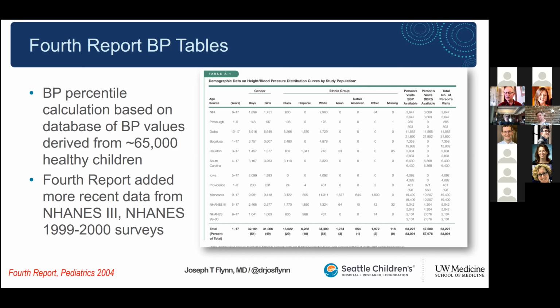What was different about the database for the fourth report was that it added new data from the NHANES 3 and NHANES 1999 to 2000 surveys, which was felt to be a good thing because now there were more children involved, they were more contemporary, and we knew that their blood pressure was being measured in a standardized way.